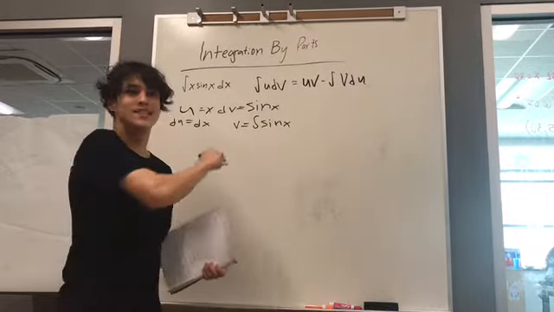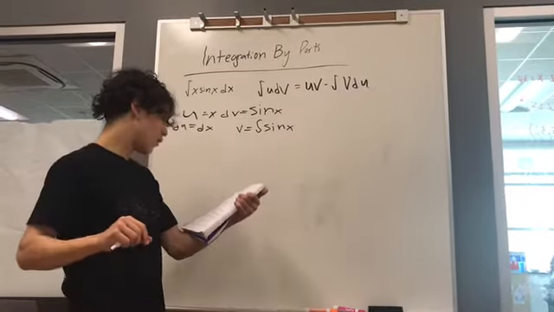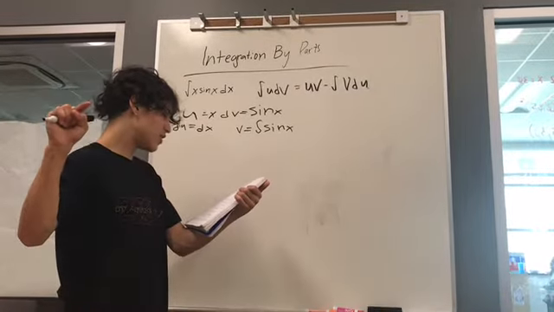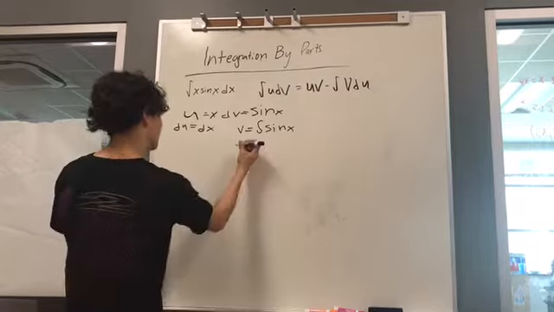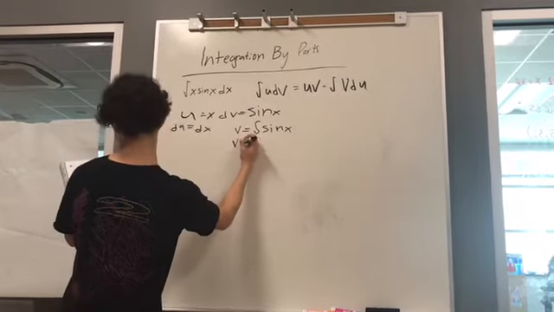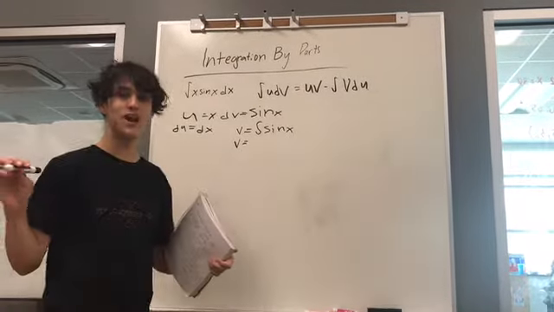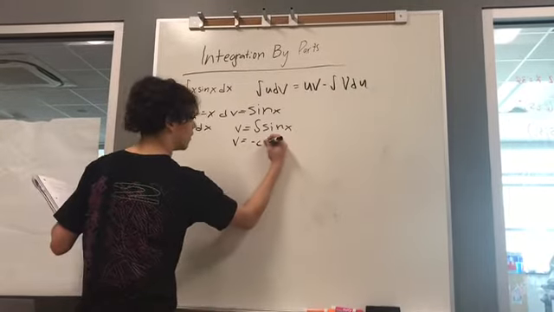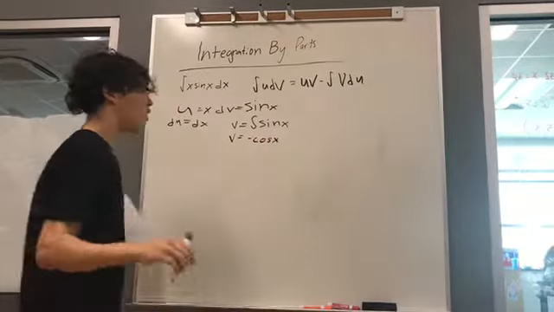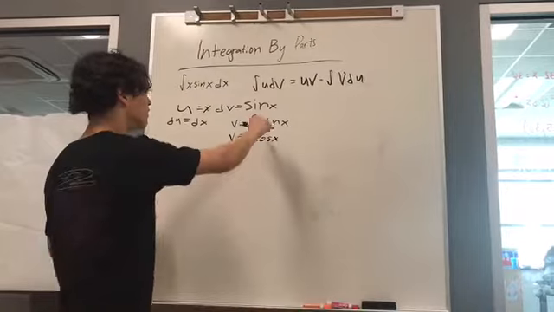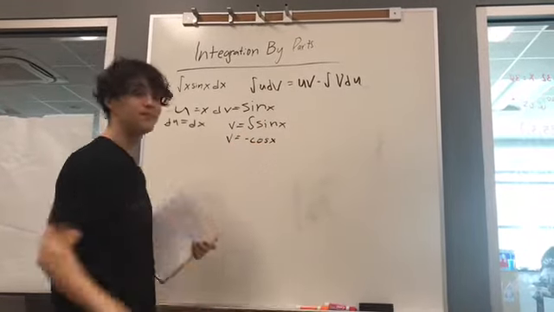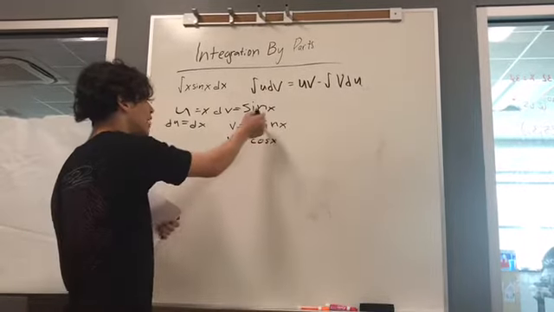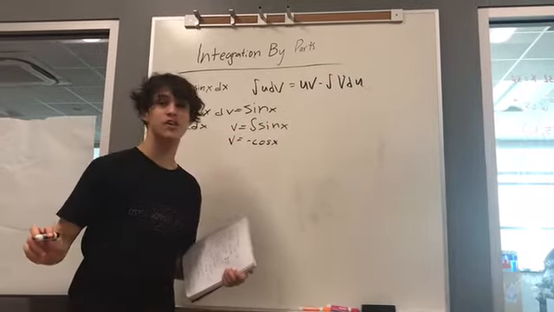What is the integral of sine x? It is none other than negative cosine of x. How do we know that? The derivative of negative cosine is sine, so if you do that backwards, you just get sine of x. That's how you know it makes sense.